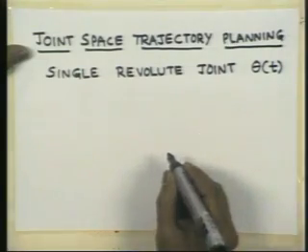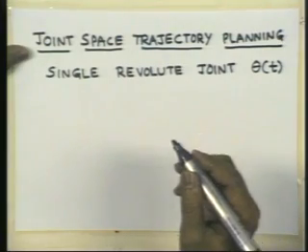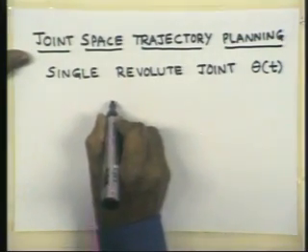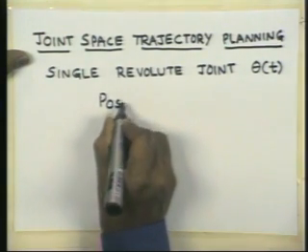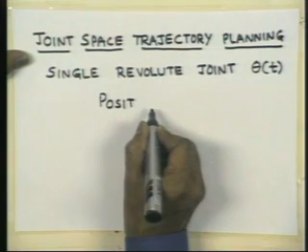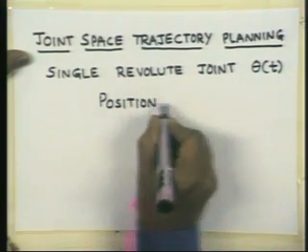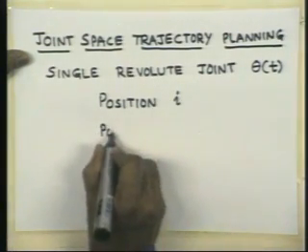Now, you want to move it from one position to another position. I would not say the initial or final position, I would just say consider that you want to move it from position i to position j.